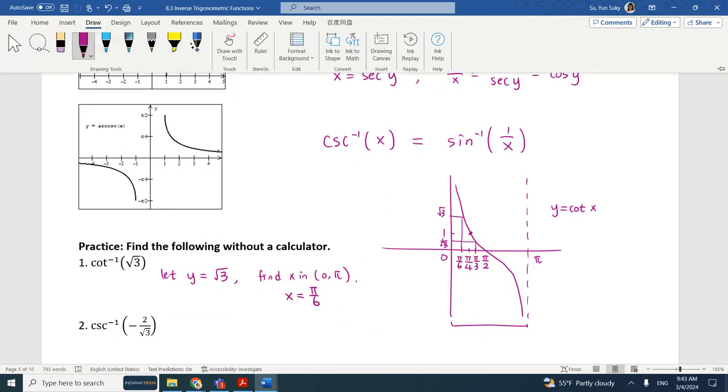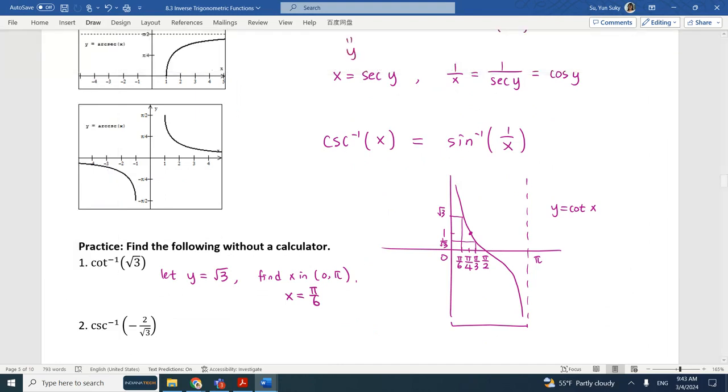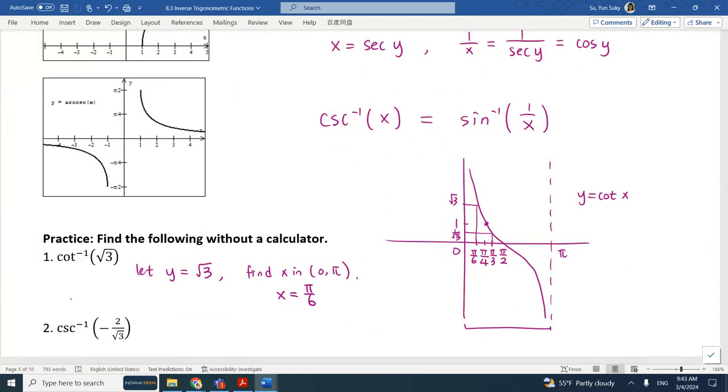Let me ask you more. If I ask you arc cotangent of -1, what do you do? This is 1, right? -1 will be here, so we go down. That's -1, and then you draw over here.